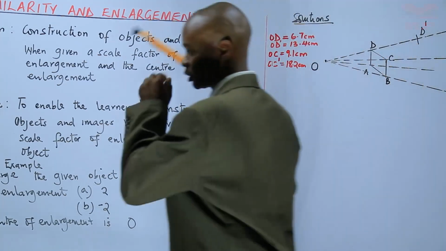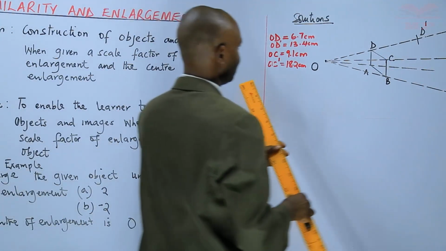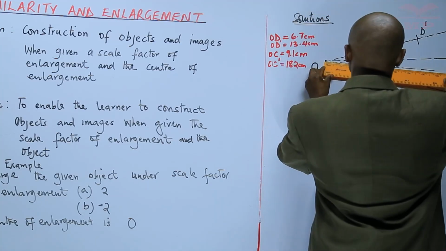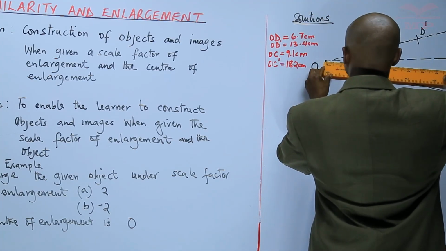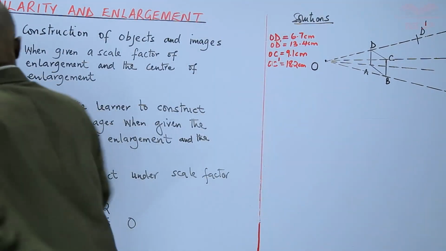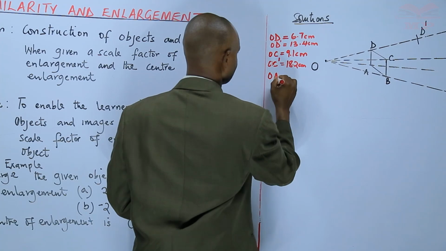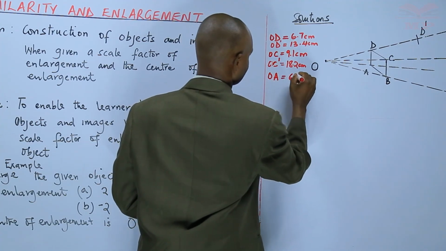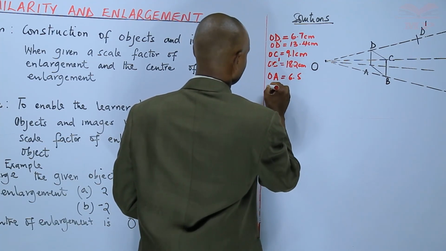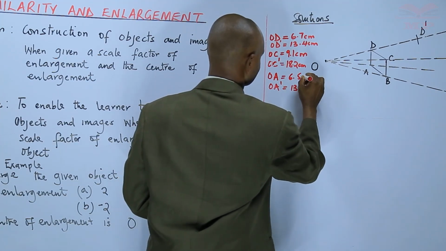The same will happen to A. Come and measure OA. It is 6.5. So OA is equal to 6.5. OA prime will be 13 centimeters.